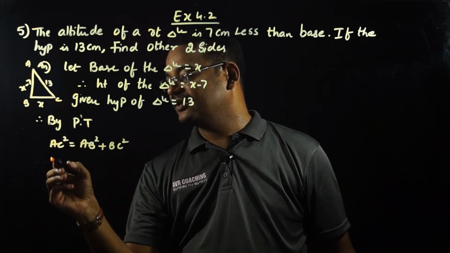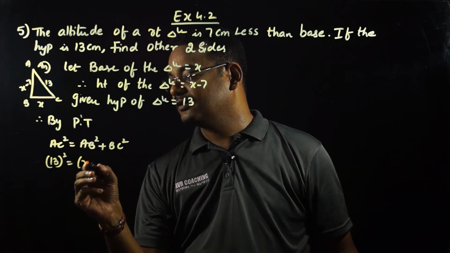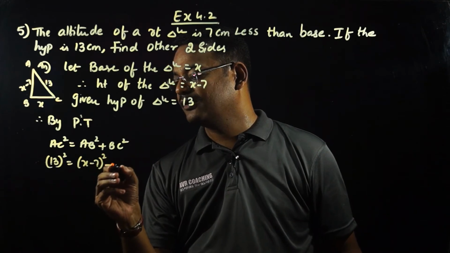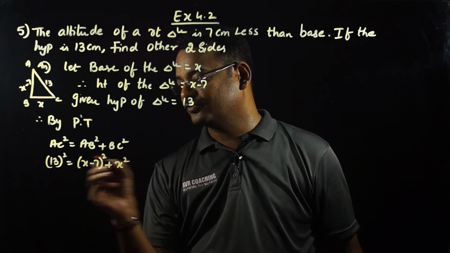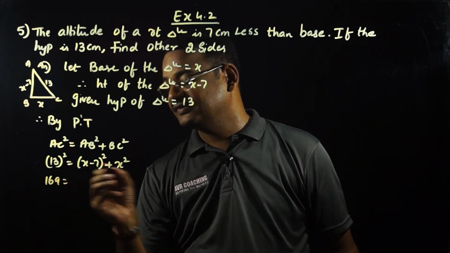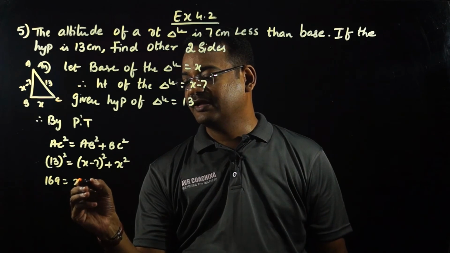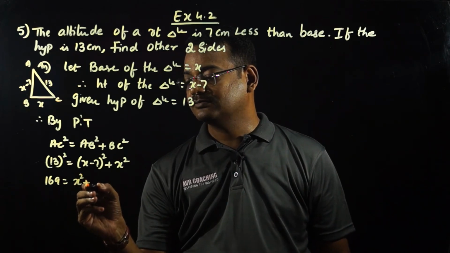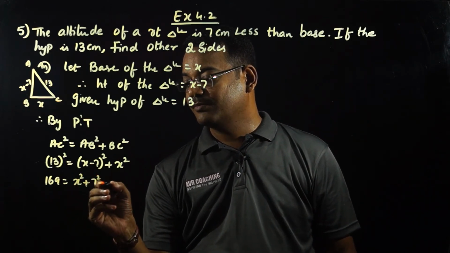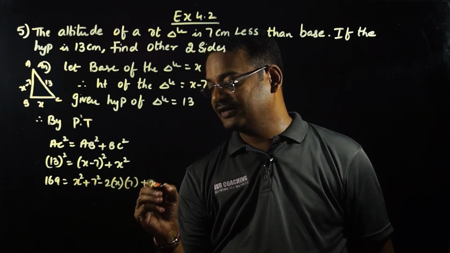Now AC square is 13 square, AB is x minus 7 whole square and BC square is x square. Now 13 square is 169, and this is A minus B whole square.